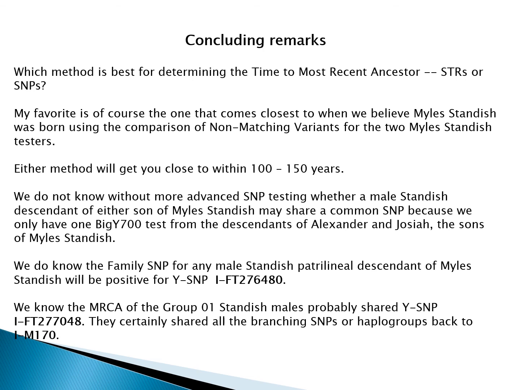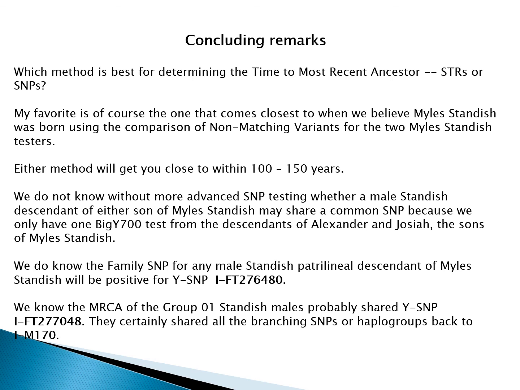We do not know, without more advanced SNP testing, whether male Standish descendants of either son of Miles Standish may share a common SNP, because only one Big Y-700 test from the descendants of Alexander and Josiah, the sons of Miles Standish, has been completed.